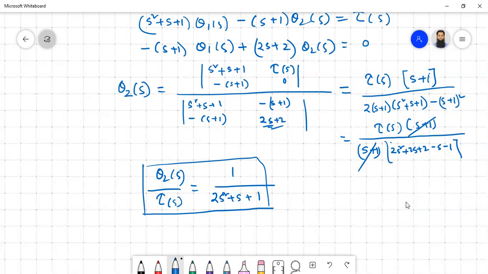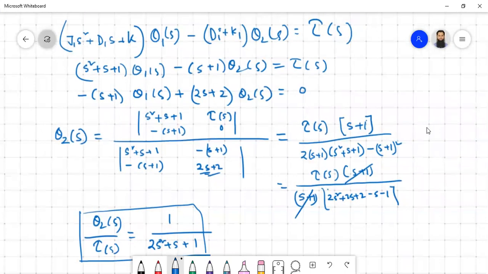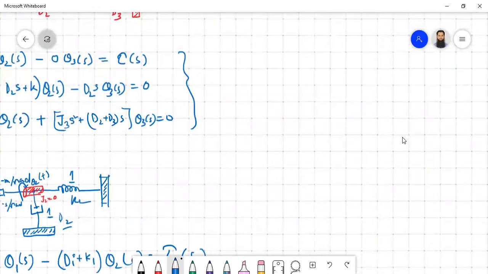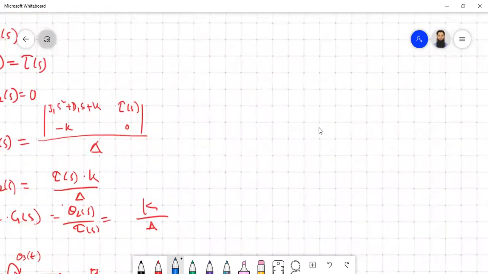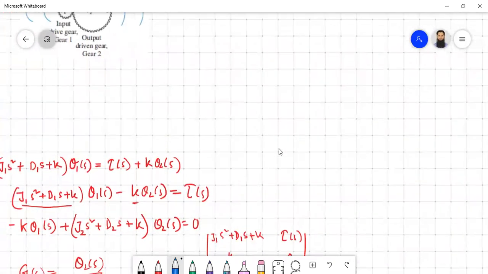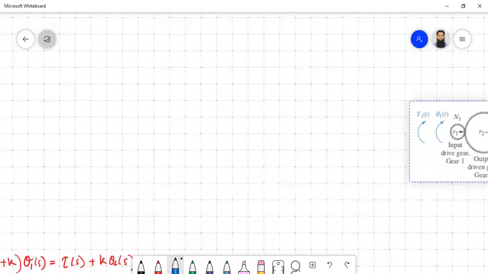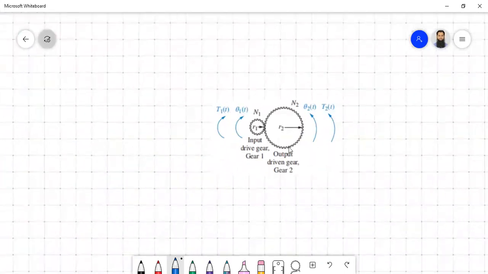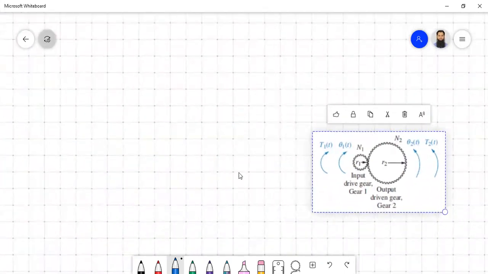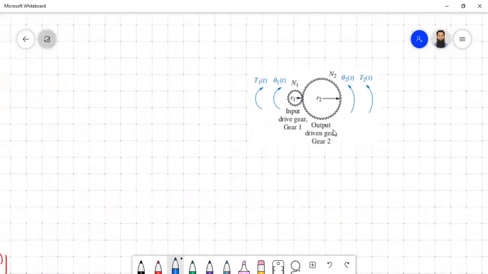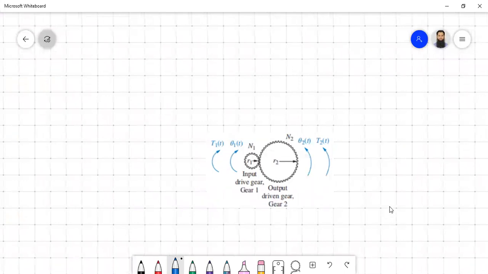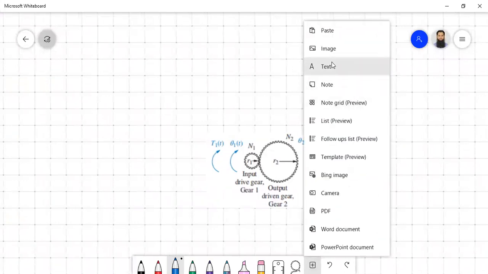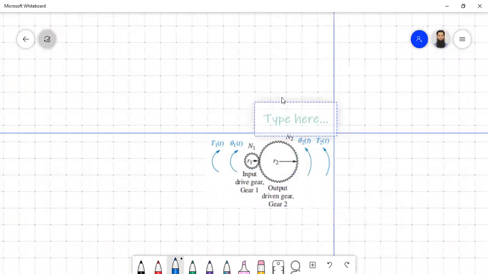Okay, so the next thing that we are going to see is basically Article 2.7. Let's see, where is the figure? So this is the figure.